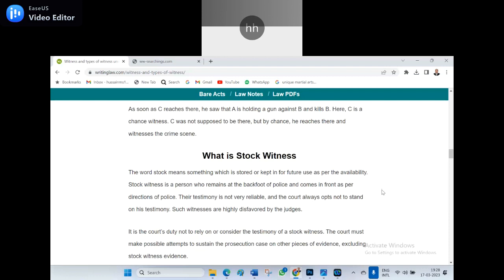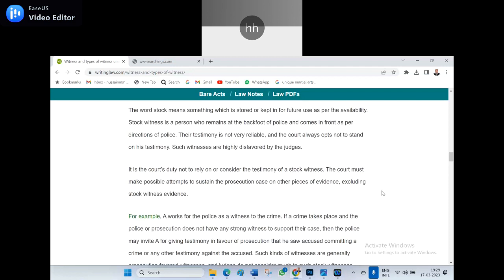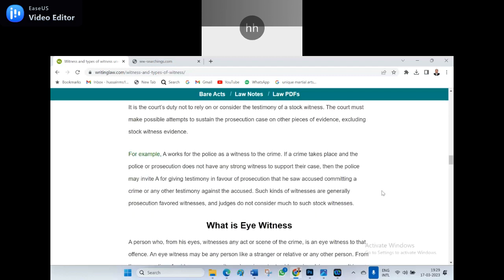The testimony is not very reliable, and the court always opts not to stand on its testimony. Such witnesses are highly disfavored by the judges, because they act on the direction of the police. Is it clear?